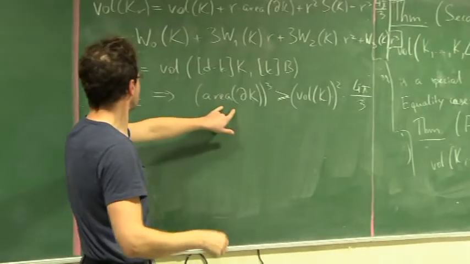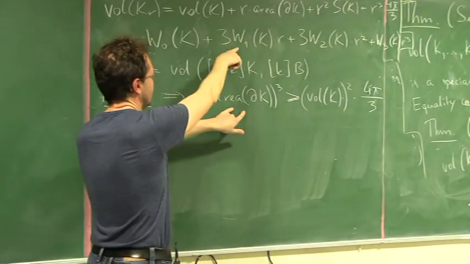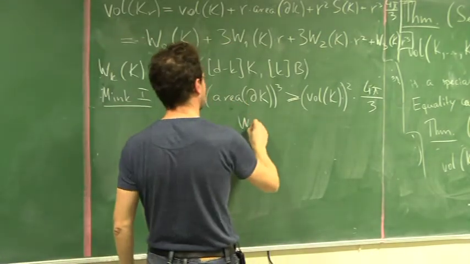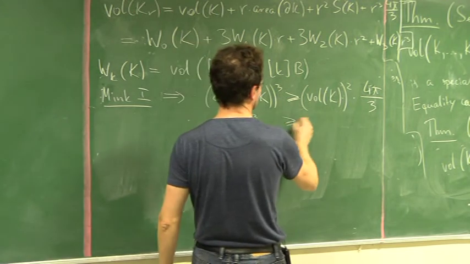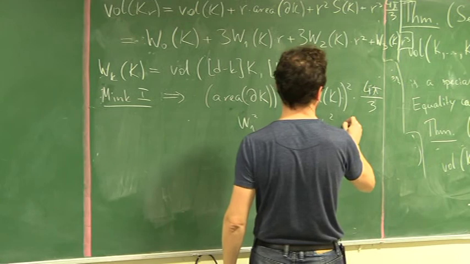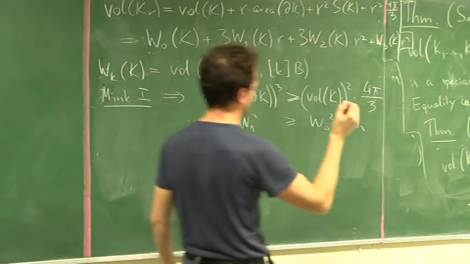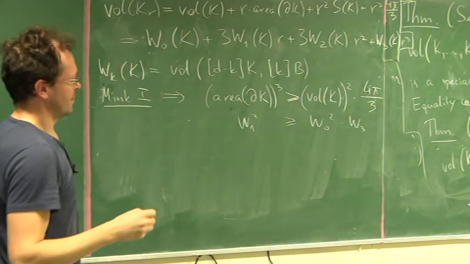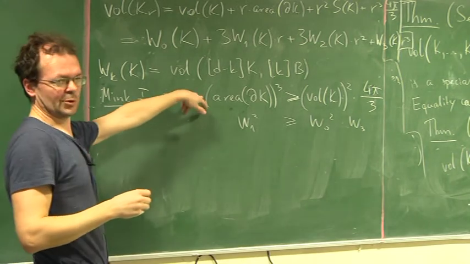So this is W1 cubed. Now I'm checking with myself, W1 cubed is equal to W0 squared times W3. And this is the isoperimetric inequality.